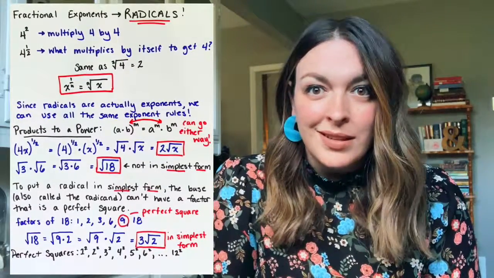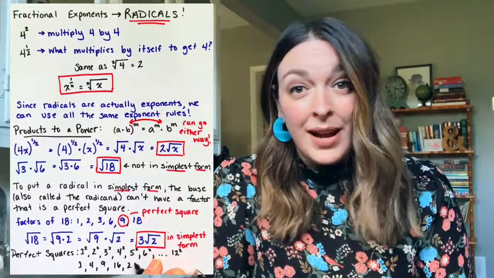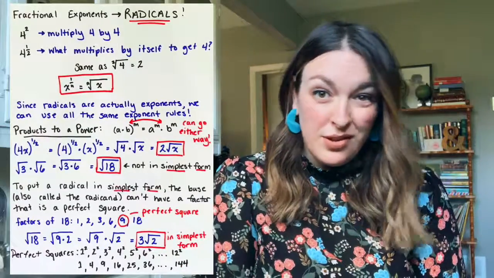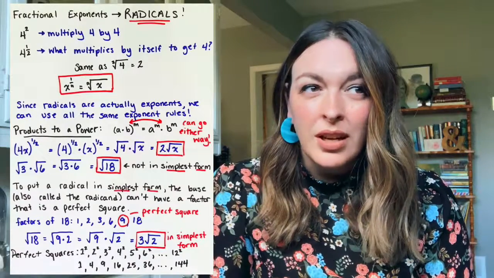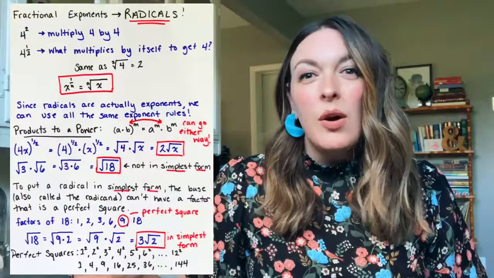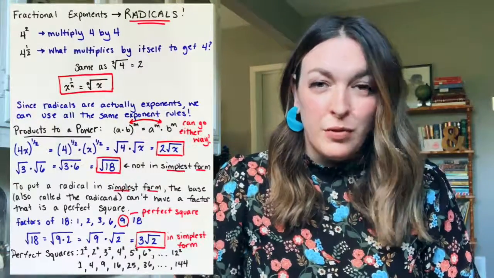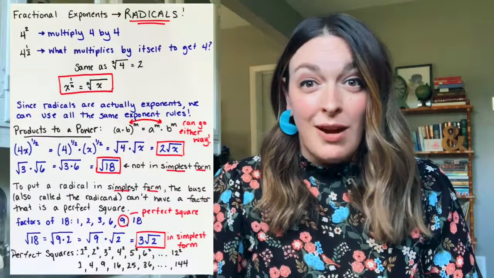What are the answers to that? 1 squared is 1, 2 squared is 4, 3 squared is 9, 4 squared is 16, 5 squared is 25, 6 squared is 36. I'm getting sick of doing this. You guys can do the rest on your own. I'll give you 12 squared. That's 144. So you need to know all the perfect squares automatically from 1 to 144. That needs to be seared into your brain to be able to simplify radicals.